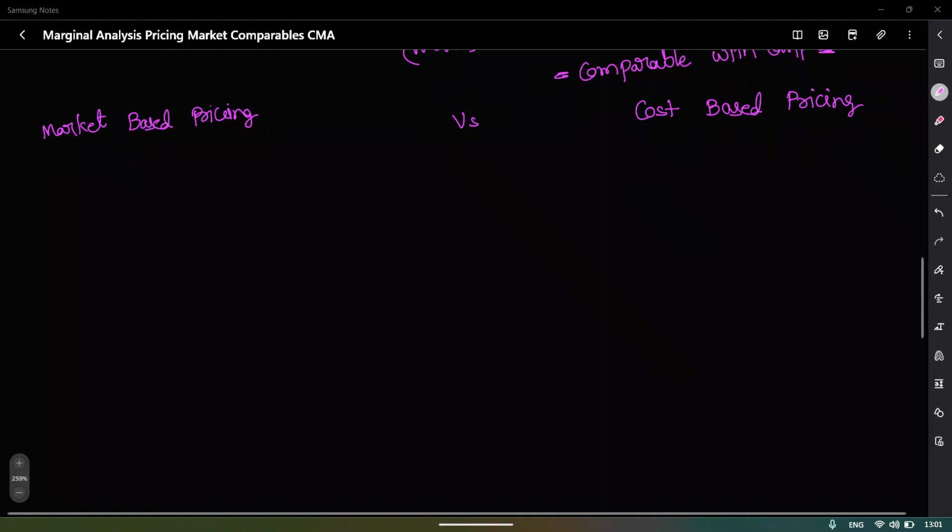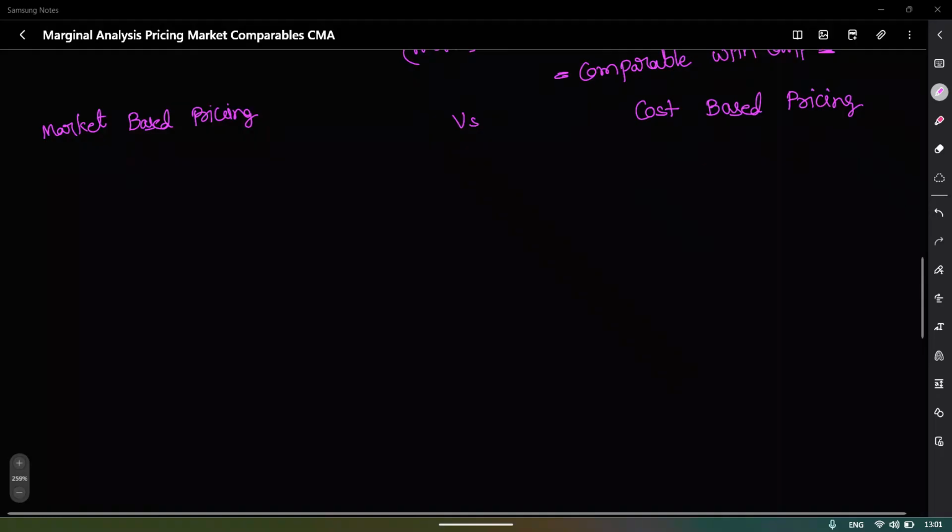Companies can set a price at the market rate if the products are similar to those offered by the competitors, like I told you, Maggie and Ippi noodles. These two companies are similar, identical. If one product is not available, the buyer immediately shifts to another one. So the price should be standardized.